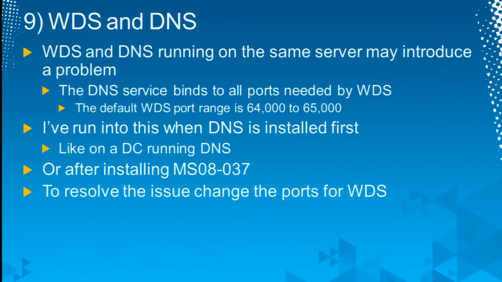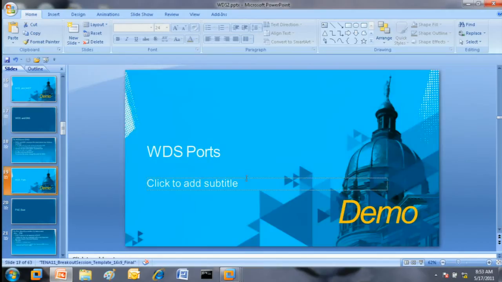You can either have DNS installed first, which already has the ports bound, and then install WDS, which can't have access to those ports now. Or if you've installed MS-0837, that can also introduce the same problem. The way to resolve that is to go in and change the ports that WDS listens on. Let DNS have them and just change the ports that WDS is going to listen on.